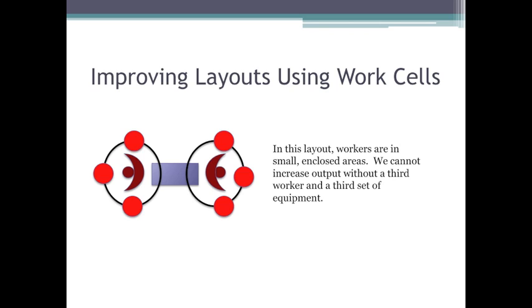So, for example here, we have a layout where our workers are in cramped, enclosed spaces. There's not a lot of room to maneuver, and there's no room for collaboration. So we really can't increase our work output, and as a result, we are limited in what we can do with regard to expanding this particular process. So, what can we do?